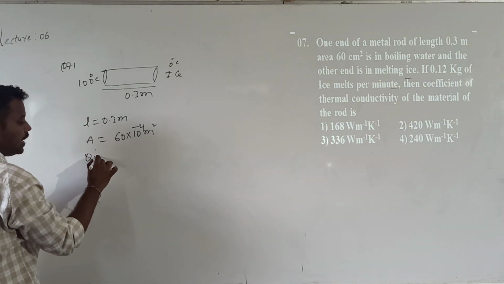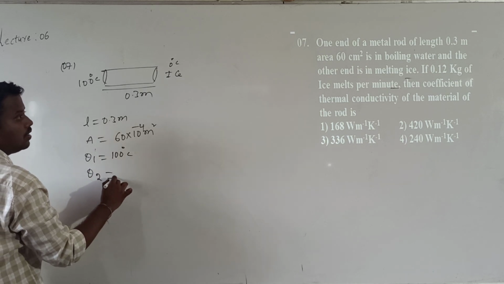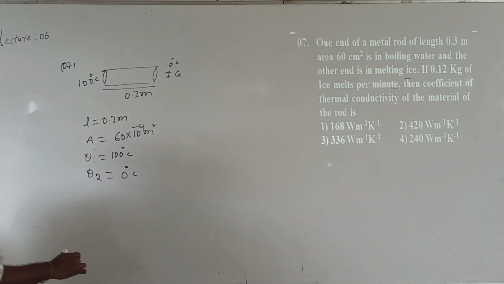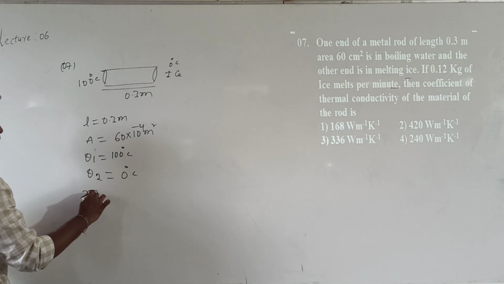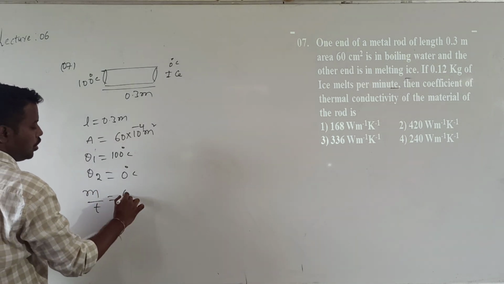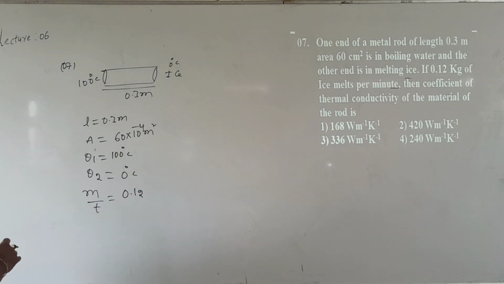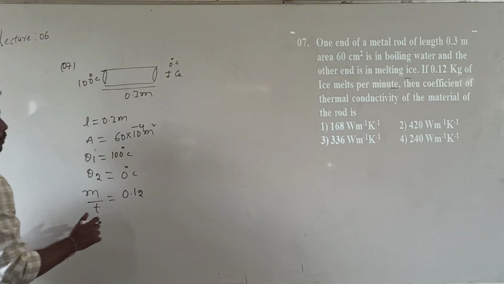So theta 1 is 100 degrees Celsius and theta 2 value is 0 degrees Celsius. How much mass of ice melted per unit time? So m by t is given as 0.12 kg per minute.